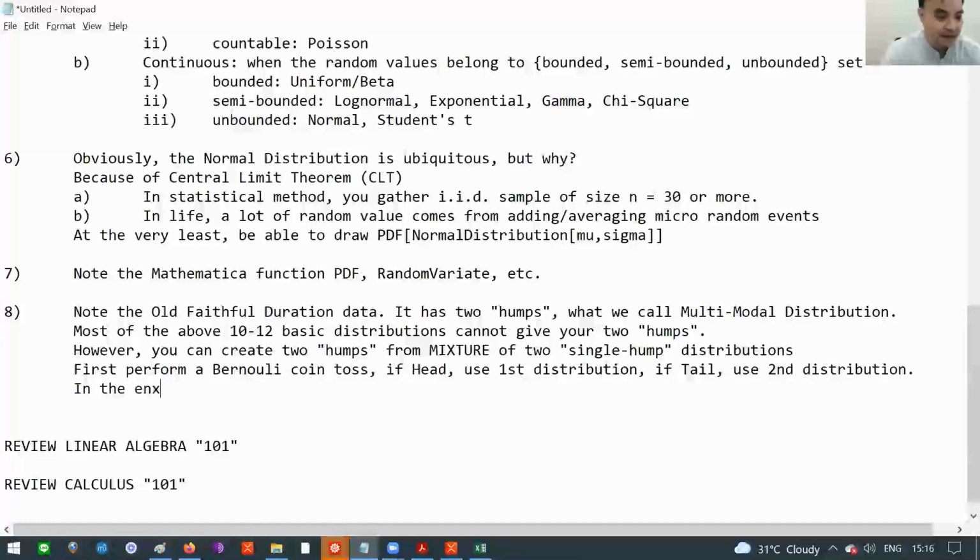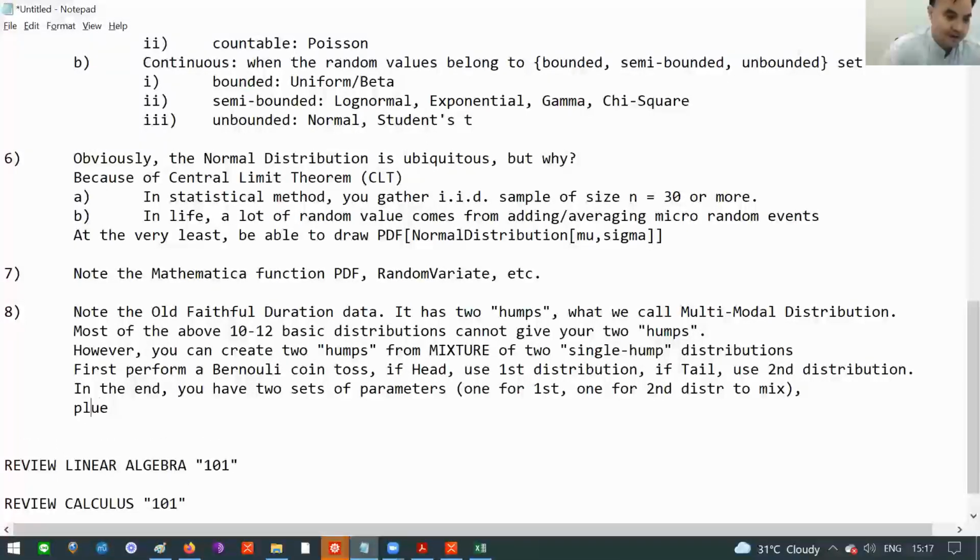In the end, you have two sets of parameters, one for the first and one for the second distribution, plus another mixing parameter, i.e. alpha, between 0 and 1.